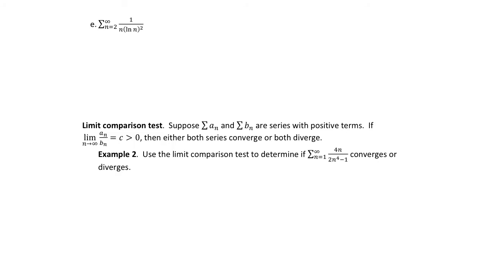It's kind of like 1 over n. 1 over n diverges, but I get a little boost from the natural log of n squared. So is that enough of a boost to push it over from diverging, where 1 over n diverges, to converging with that extra little factor? I don't know. Let's find out.